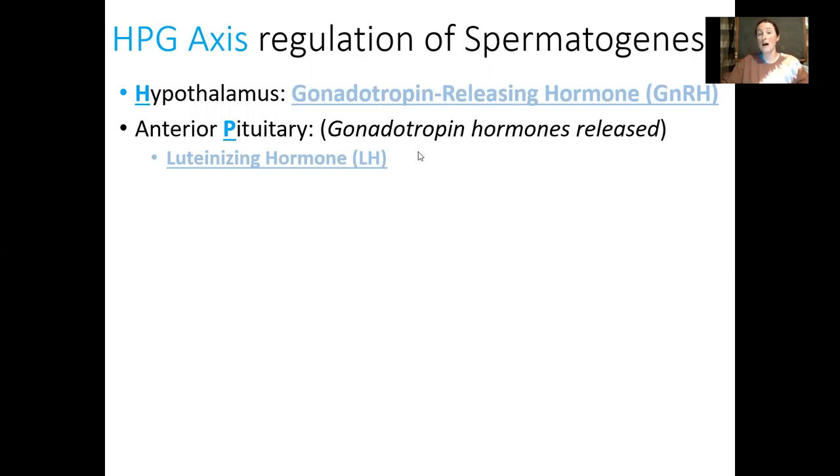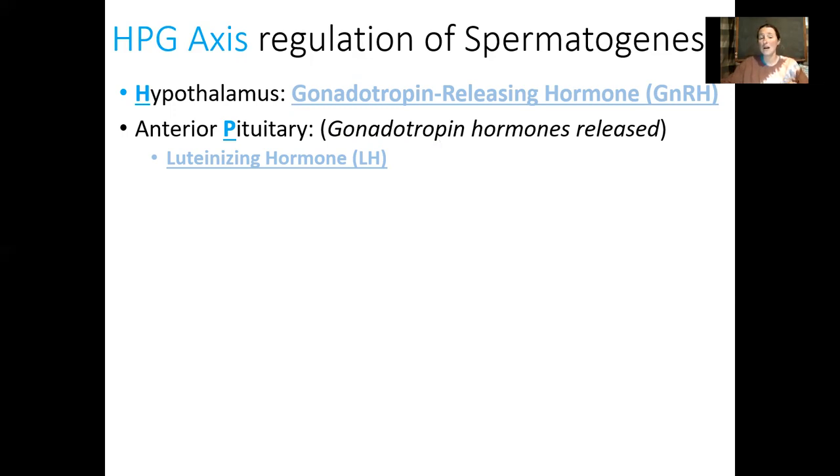And so some endocrine roots here, tropin or tropic essentially means triggering the release of something else from where? From the gonads. And so the hormones released by the anterior pituitary gland are responsible for talking to the gonads and telling them to release another type of hormone.